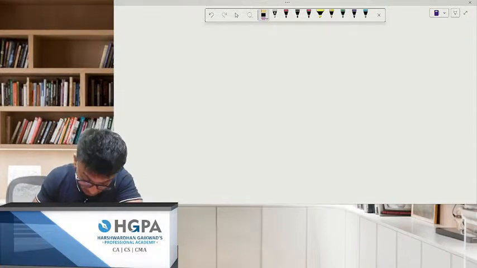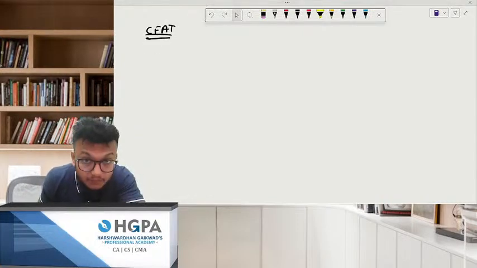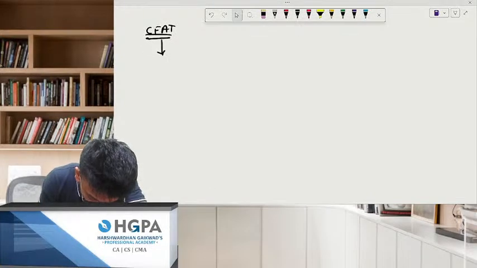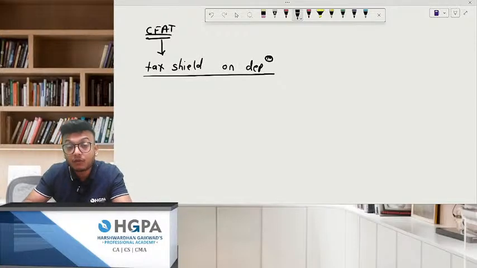But there is one more way of doing it. You know what that is? You can also take the tax shield on depreciation. This is one more way of solving. What is tax shield on depreciation?